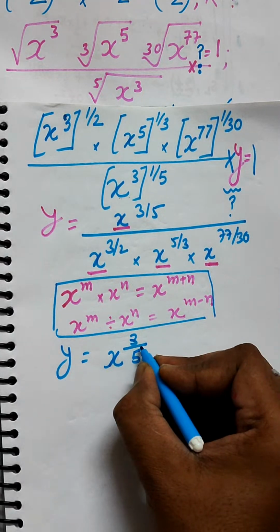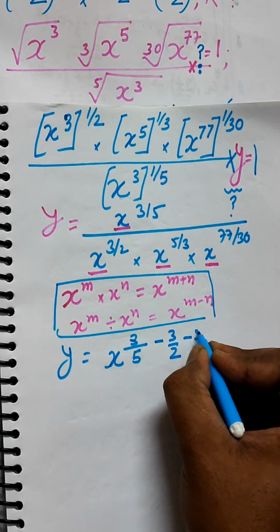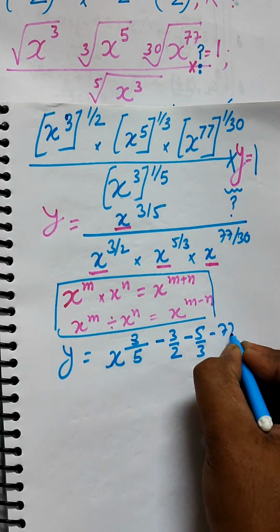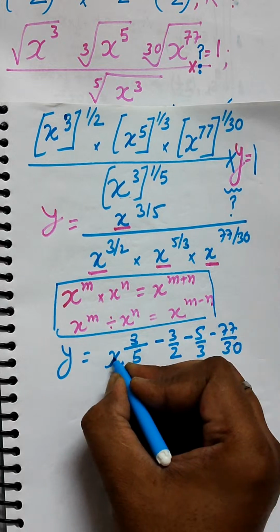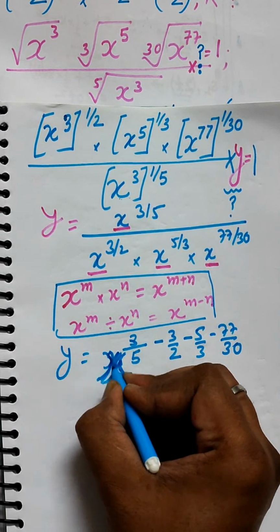So x power 3 by 5 minus 3 by 2 minus 5 by 3 minus 77 by 30. This x is the base, mind it.